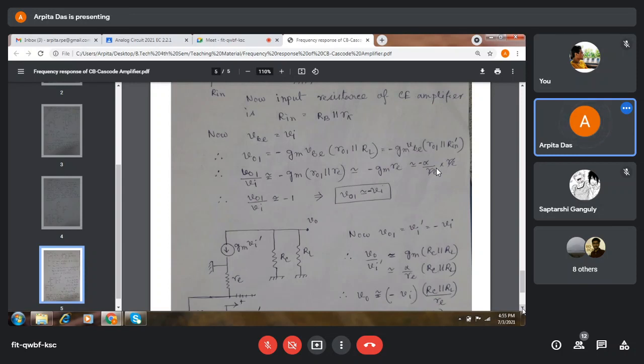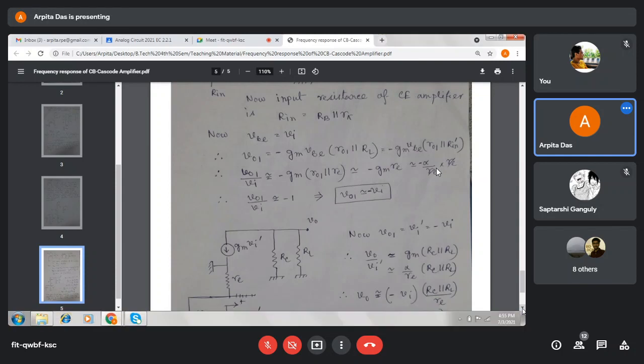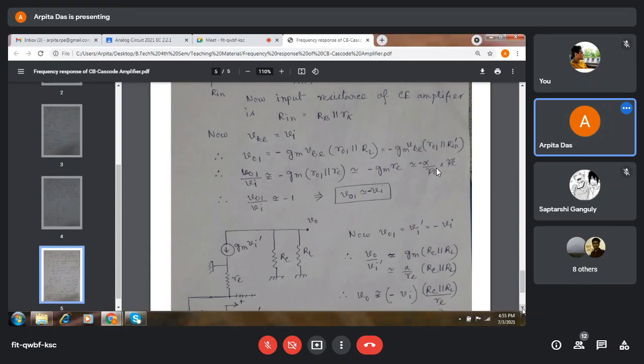So here, overall CM or Miller capacitance cannot reduce the frequency curve or bandwidth of the amplifier. But for that purpose, we lose the amount of gain.